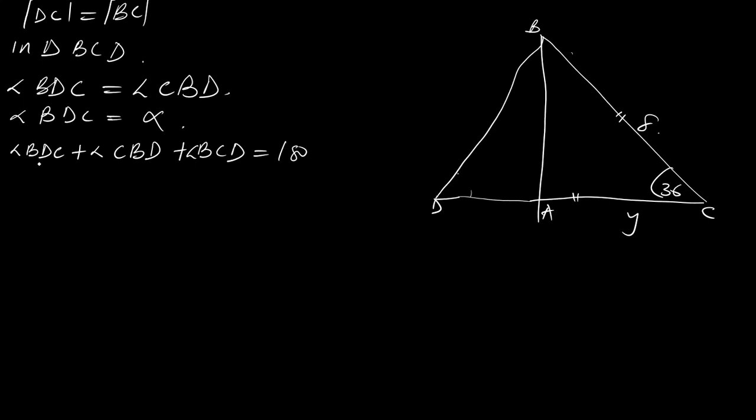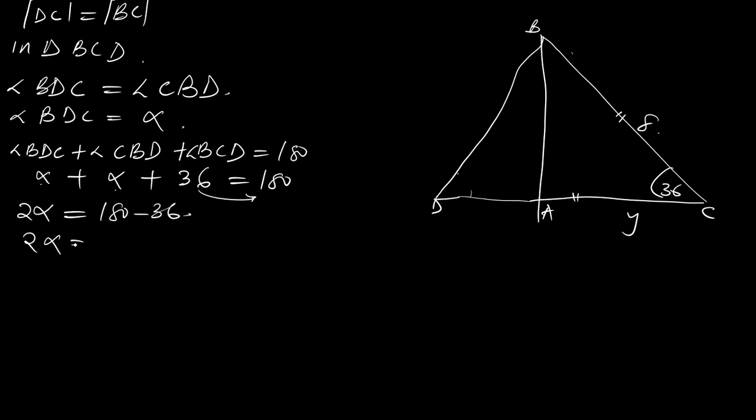So angle BDC is alpha, plus angle CBD is alpha, plus angle BCD is 36, equal to 180. Moving this to the other side and adding, 2 alpha is equal to 180 minus 36, which gives 144. Divide both sides by 2. You have alpha to be 72. So here is 72.